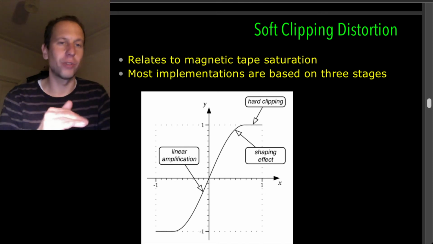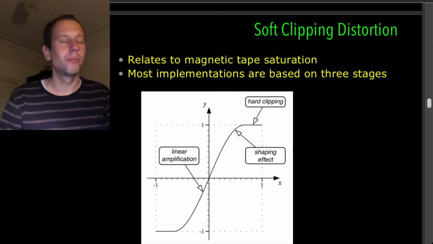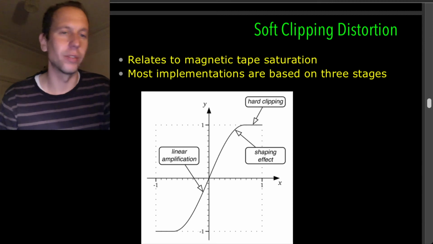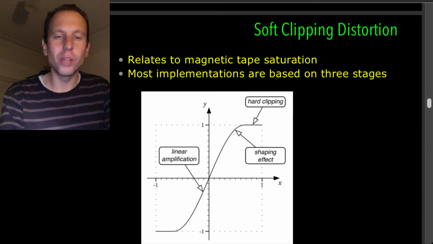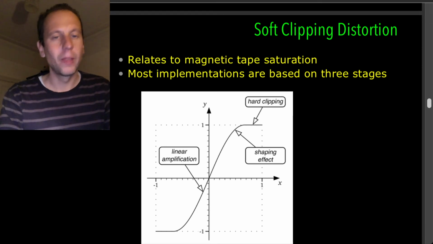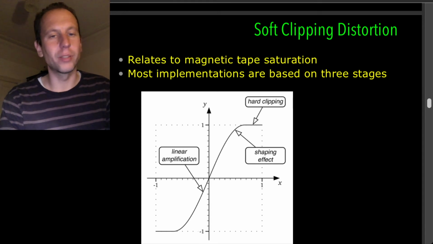So there is a very gradual, how should I put it, limitation, right? A gradual limit rather than a hard limit, which you can observe in the transfer function by the fact that there is a curving off that's happening. So at some stage it's not linear, but it's not a really hard knee either.